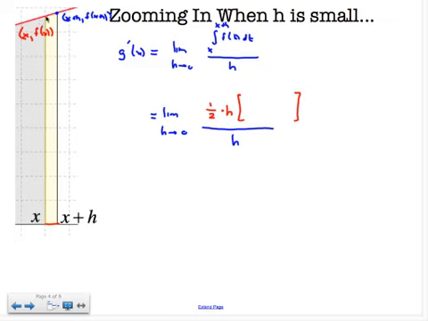So the first base is the distance from x, f of x down to x comma 0. That distance is simply f of x. The second base is determined by the distance from x plus h, comma, f of x plus h down to x plus h, comma 0. And that distance is simply f of x plus h.